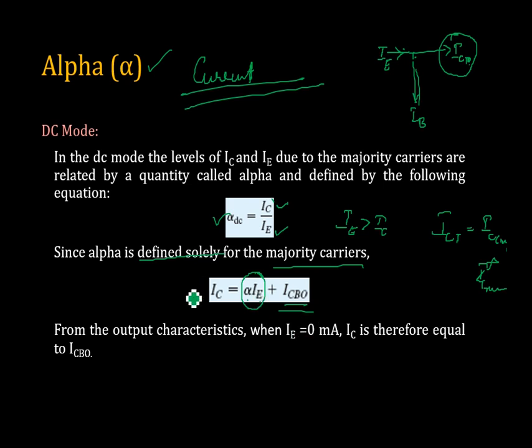So you can just keep in mind that the expression for IC comprises alpha, which is the current gain, and the portion of IE which forms the collector current is alpha IE, and that is due to majority carriers, plus ICBO, which is due to minority carriers.